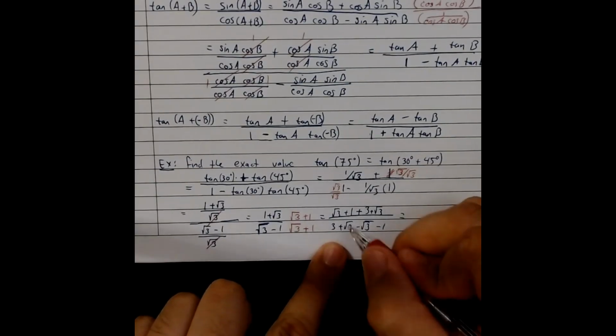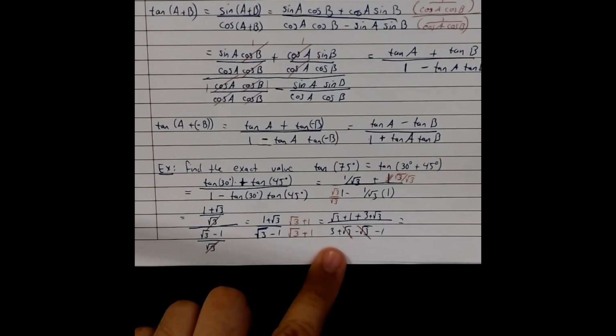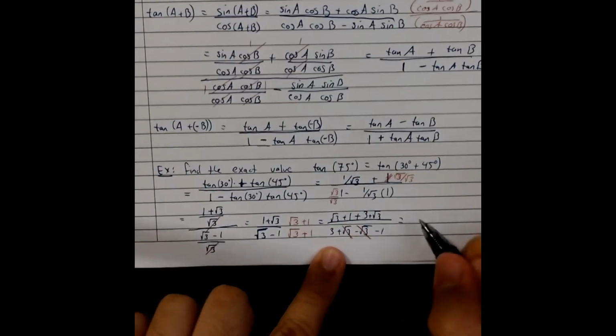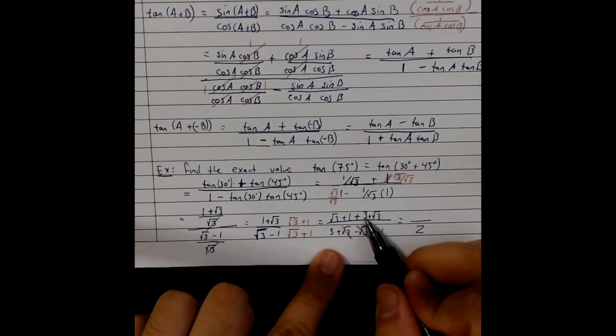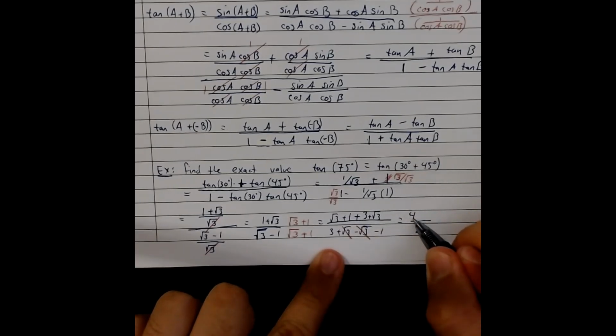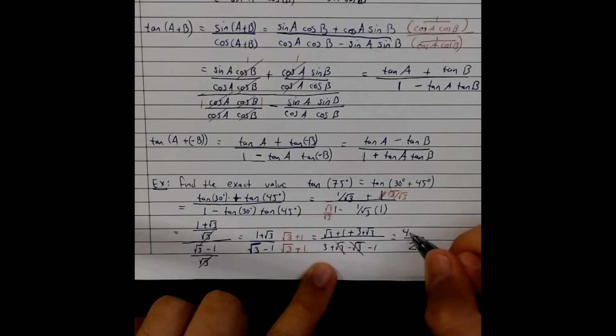In my denominator, these two just subtract away. Root 3 minus root 3 gives me 0. And here, 3 minus 1 is just going to give me 2. In my numerator, 3 plus 1 is 4. Root 3 plus another root 3 is double root 3, 2 root 3.